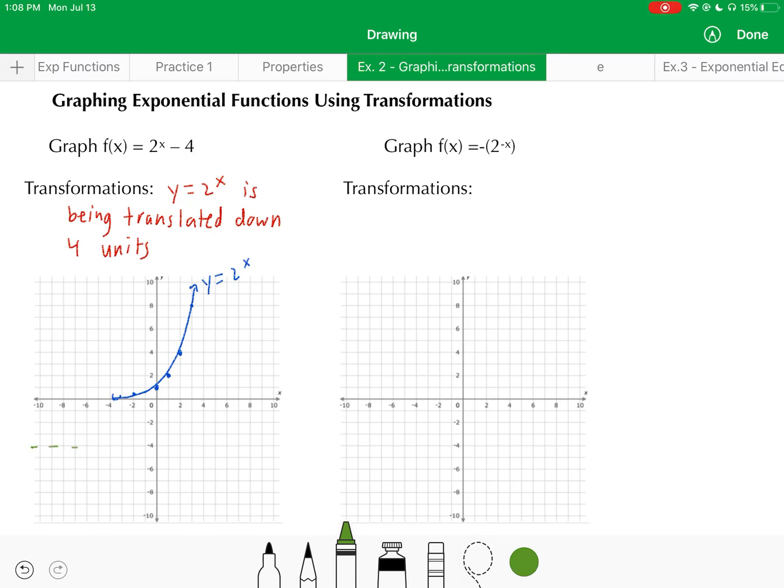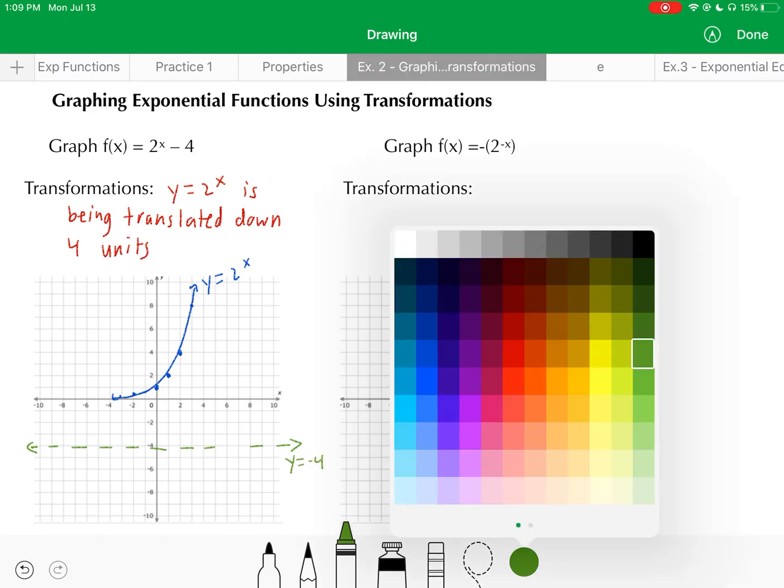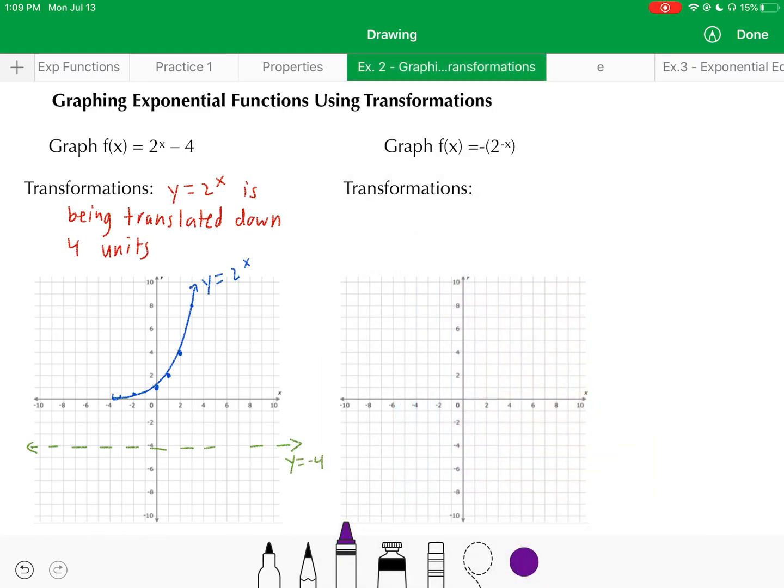Now I'm going to be right there at y equals -4. And I would have my points in these locations. And there you have it.